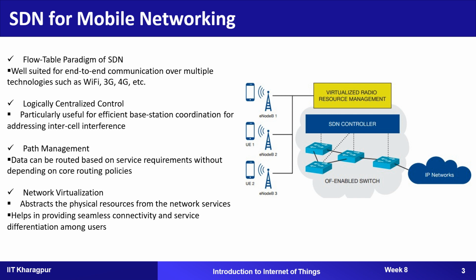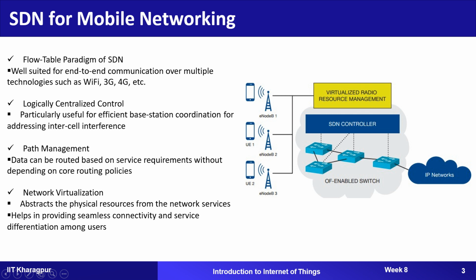So SDN will be helpful in removing those interferences coming from different cells. With the help of your SDN controller, you can manage from which cell exactly your mobile node will get signal.